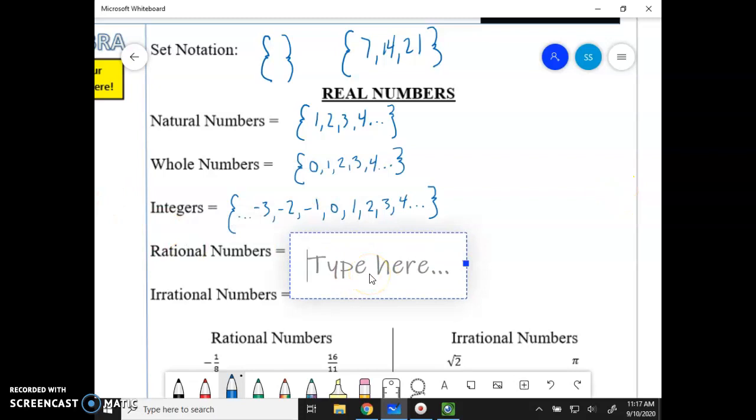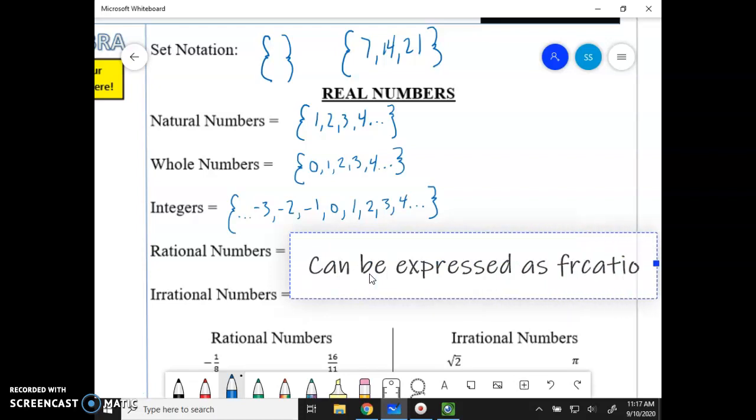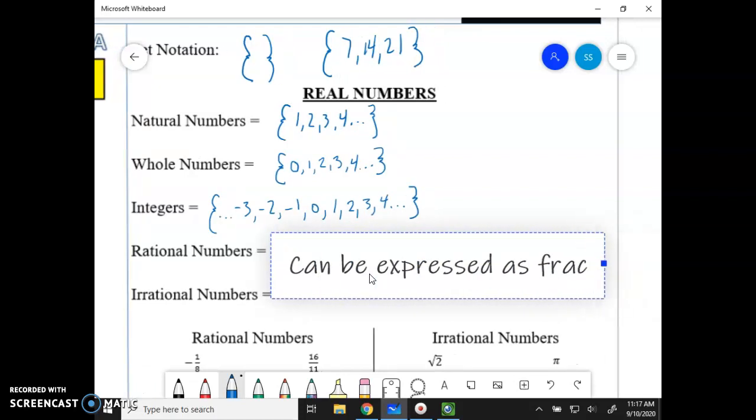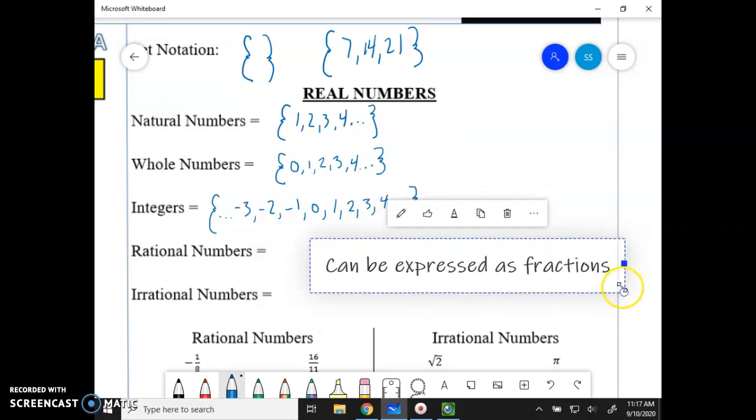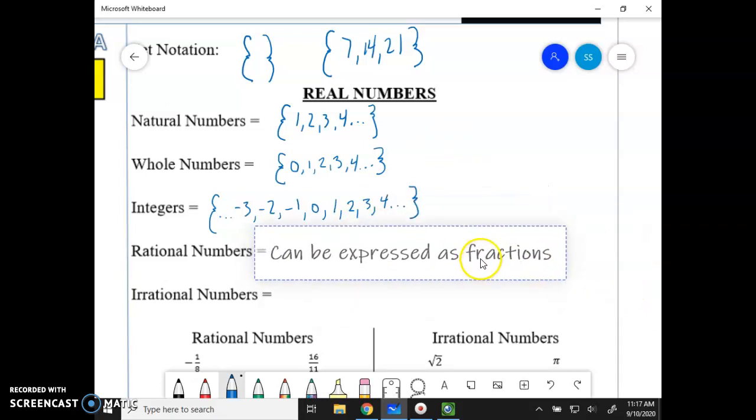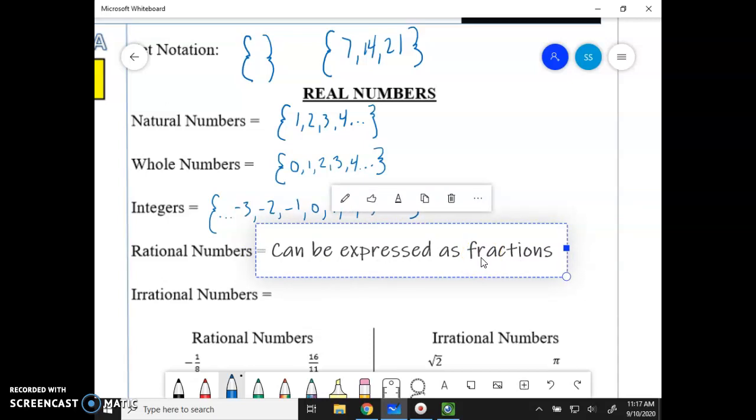So rational numbers can be expressed as fractions. There we go. Boom. All right.